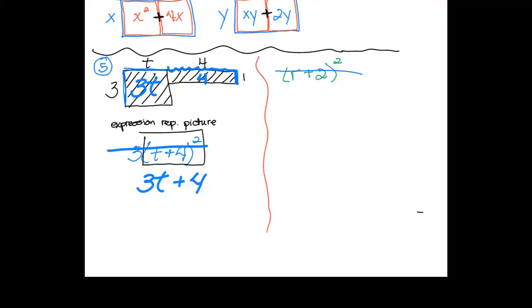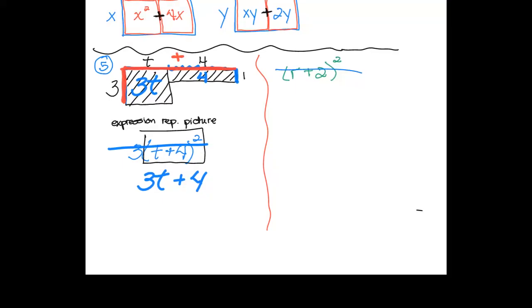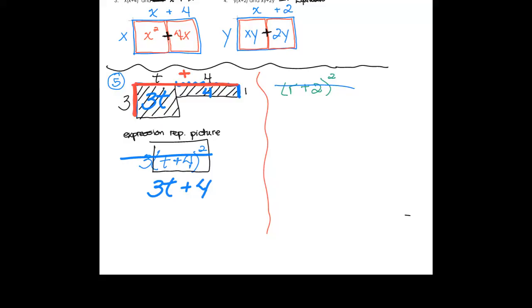Can I factor anything out from this 3 and this top, which is, what is this top? Essentially, it is t plus 4, right? So here, can I factor anything out?